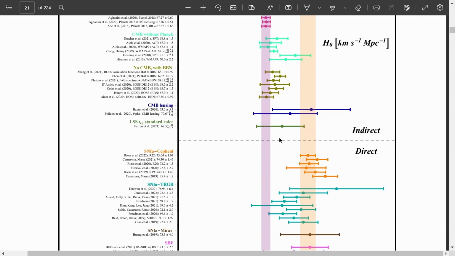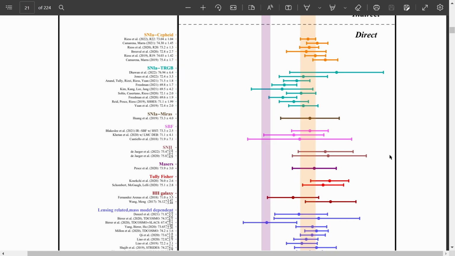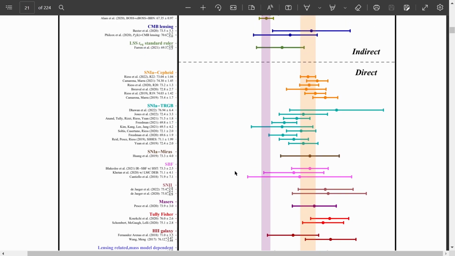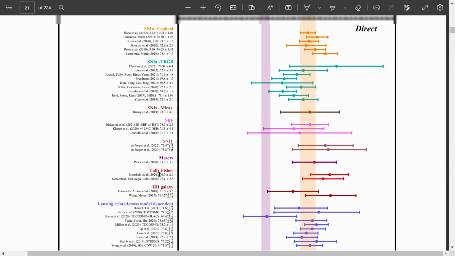And when we come to the direct test, we observe supernovae, and from these supernovae we try to understand how the universe is expanding. This data corresponds to redshift, and we analyze different probes like supernovae, Cepheids, TRGB, and many other things.